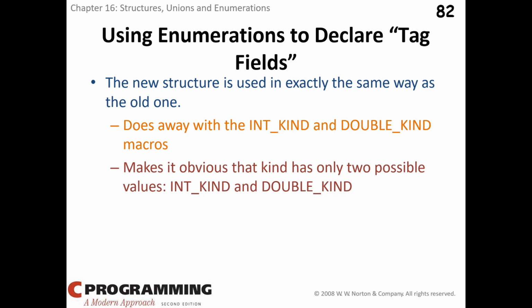Moreover, by utilizing an enumeration, we explicitly convey that the kind member can only take on two distinct values, INT_KIND and DOUBLE_KIND. This clarity enhances code comprehension and reduces the potential for errors.